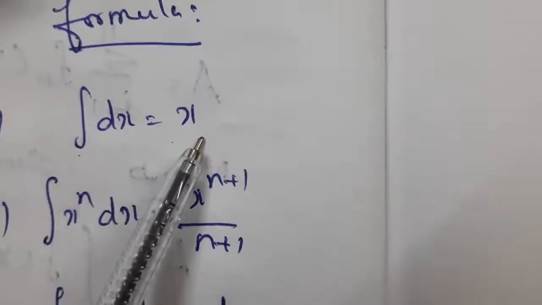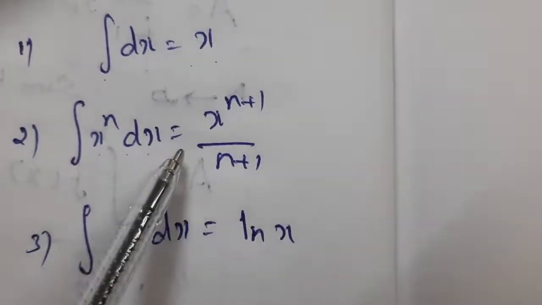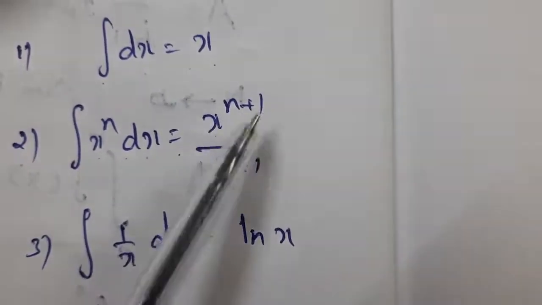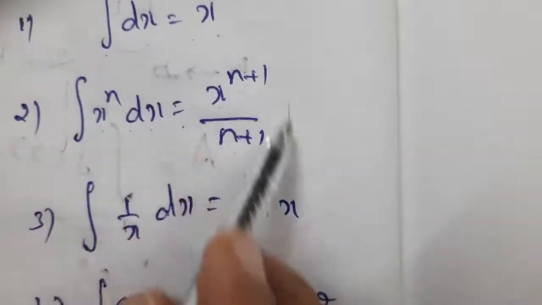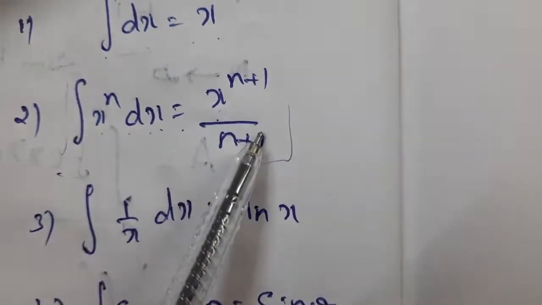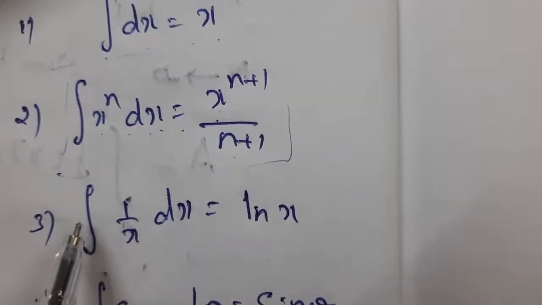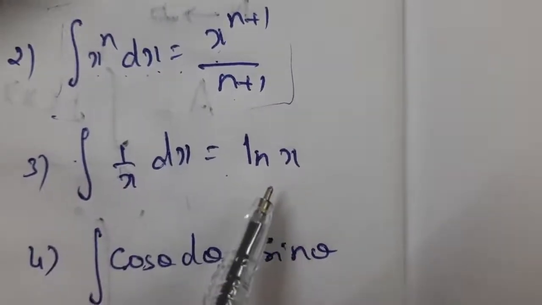Integral dx is equal to x. Integral x power n dx is equal to x power n plus 1 by n plus 1. This is the important formula. And integral 1 by x dx is equal to log x or ln x.